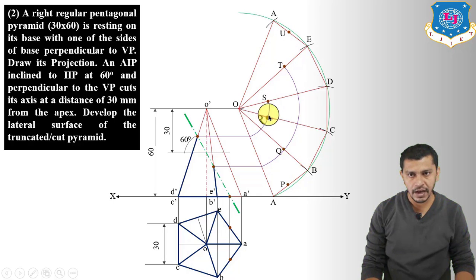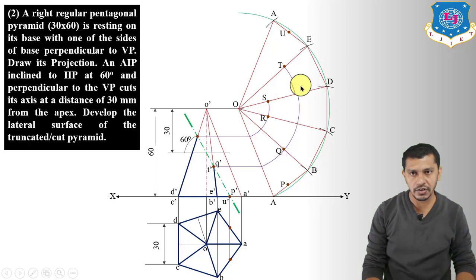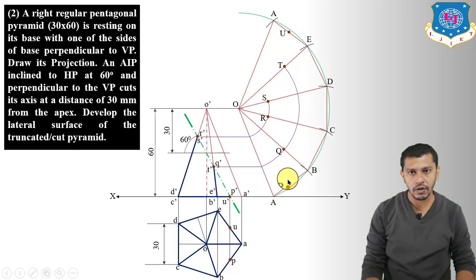So we will get RS over here, PU over here. So mark this point as P dash U dash, this point as Q dash T dash, this point as R dash S dash, and mark these points. This will be our P and this will be our U. Now connect these points PQ, QR, RS, ST and TU.